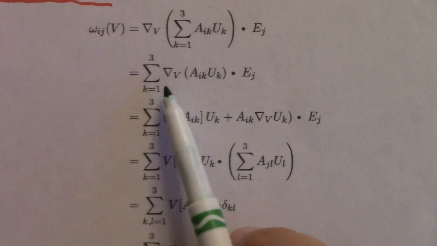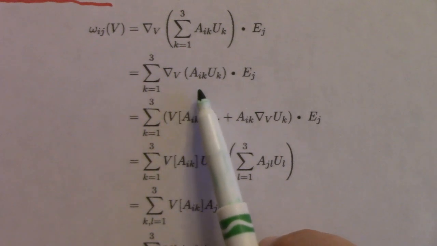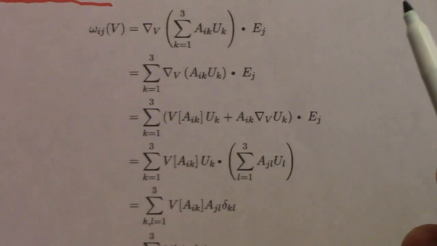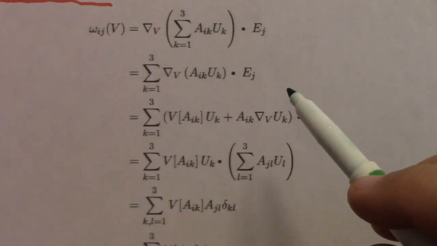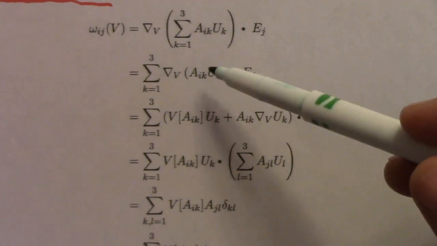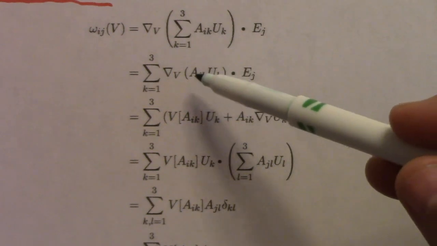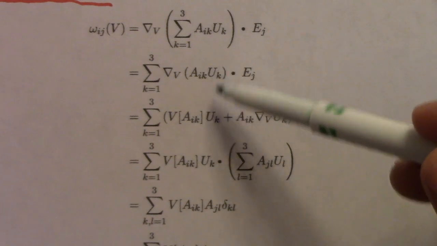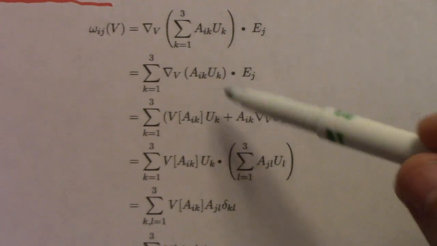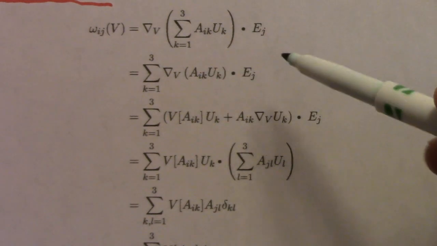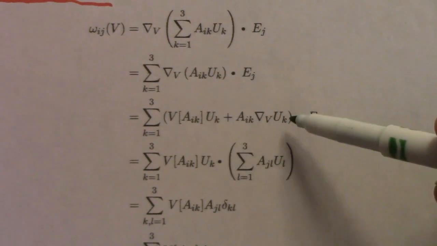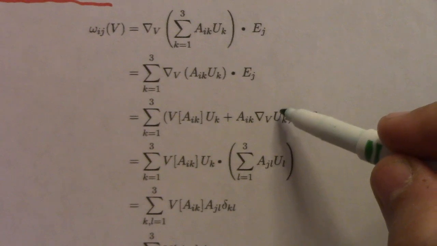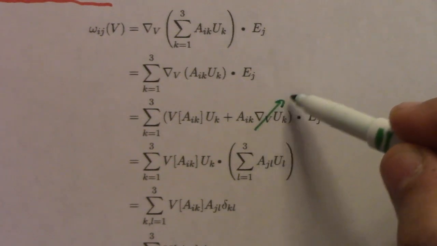Then I pull the sum out, because that's a property of covariant derivative. Then I use property, I forget, 5 maybe, of the covariant derivative, essentially the product rule, which says that's v acting on a_ik u_k, plus a_ik covariant derivative of v acting on u_k. But remember, u_k is that constant vector, so we know that this is straight up 0.